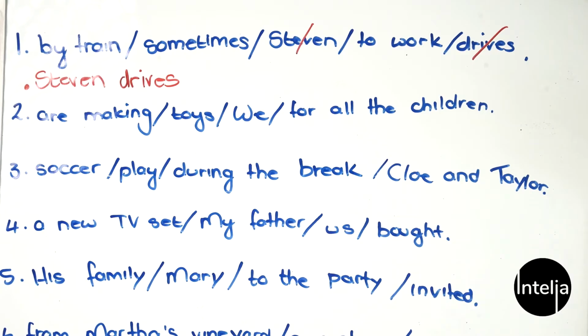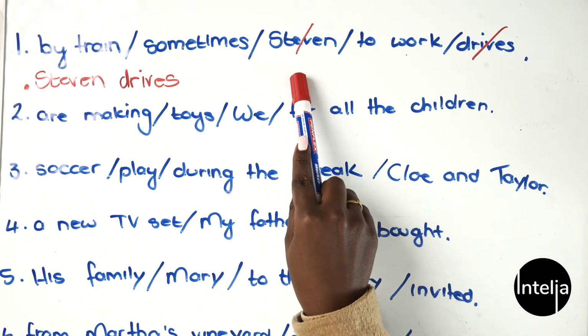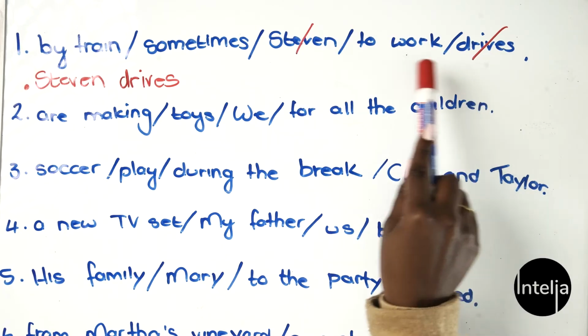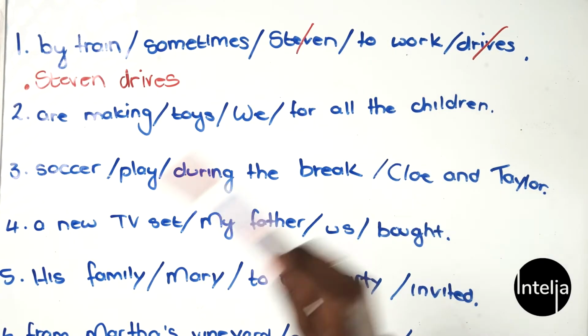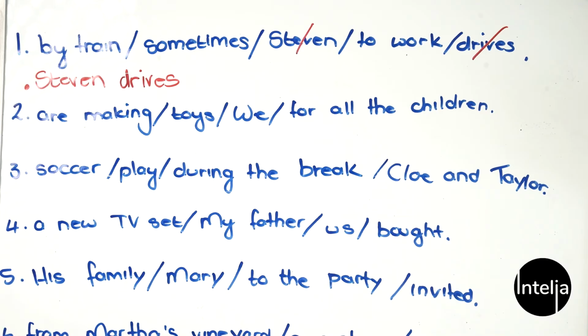Now we need to finish the rest of the sentence. Stephen drives. Which of these 3 words do you think will come after? Of course, if we have our verb, that means our verb needs to lead to the object, right?